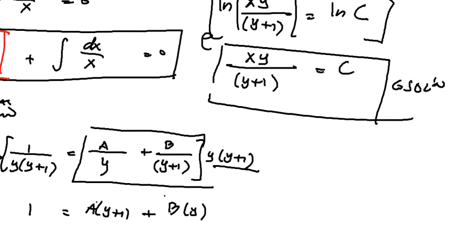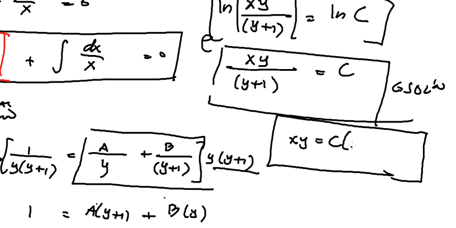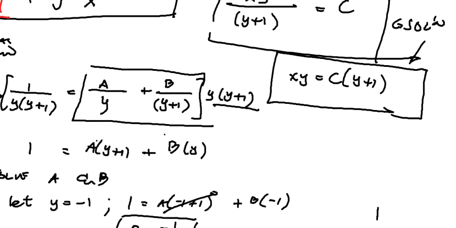Or you can express this by multiplying both sides by y + 1, so we have xy = c(y + 1). You can also use this as our general solution.